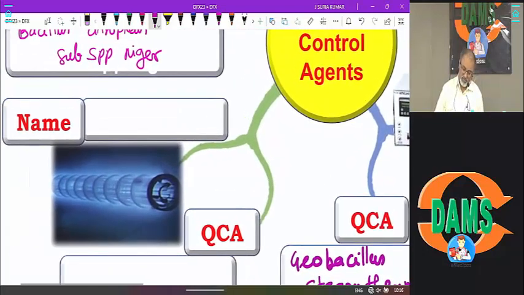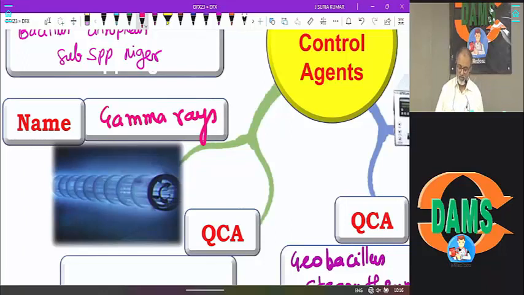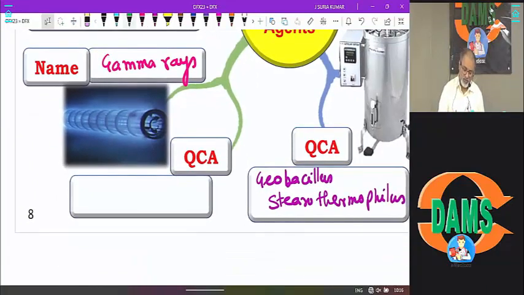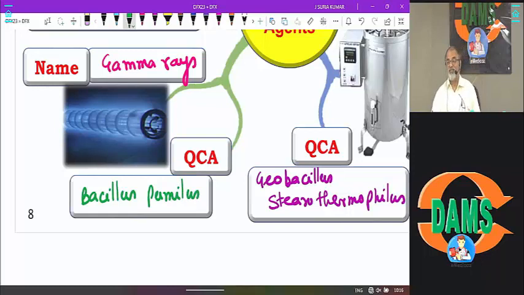This is gamma rays. What is the quality control agent for gamma rays? Bacillus pumilus. Bacillus pumilus is the quality control agent for this one.